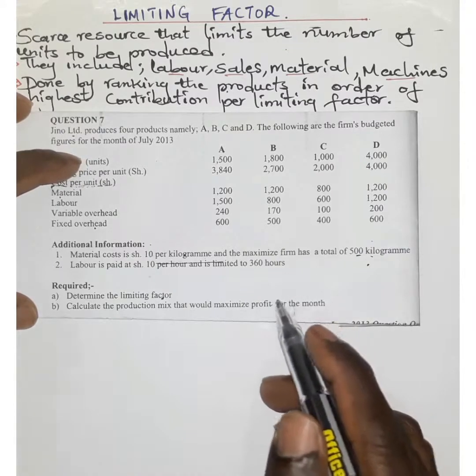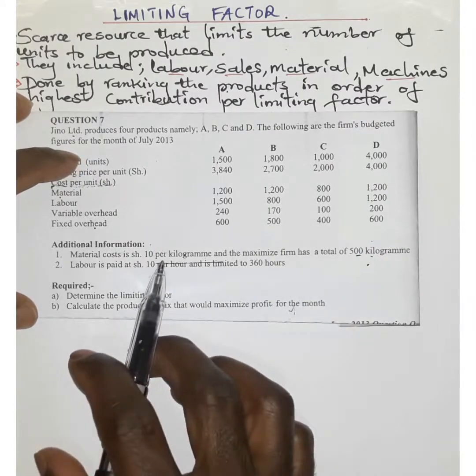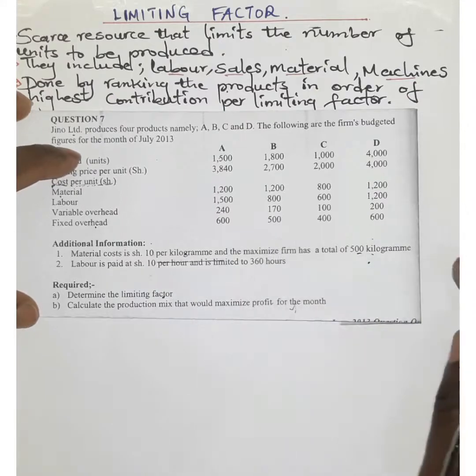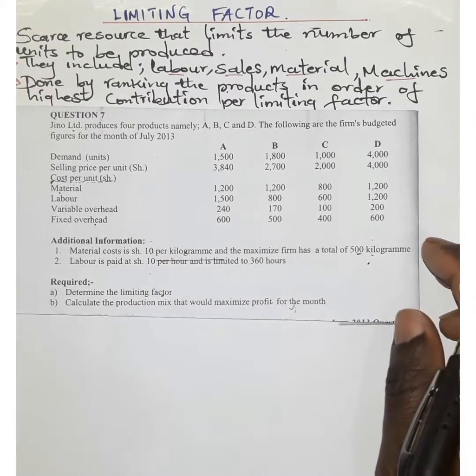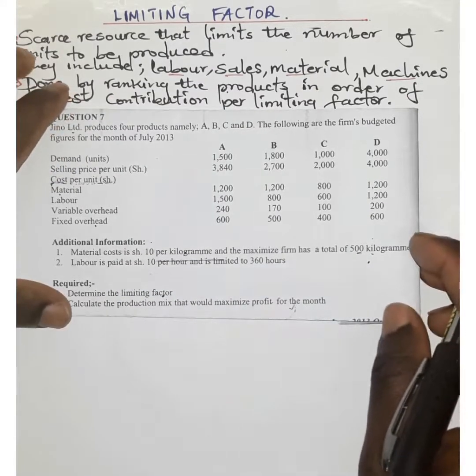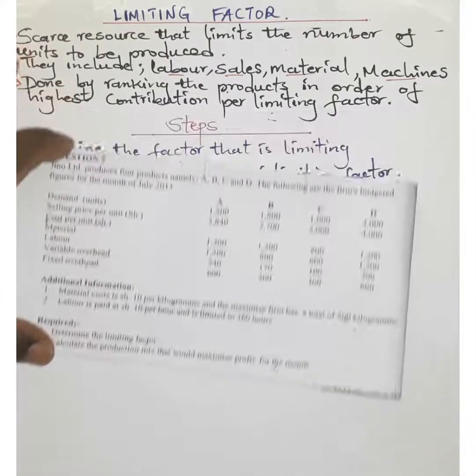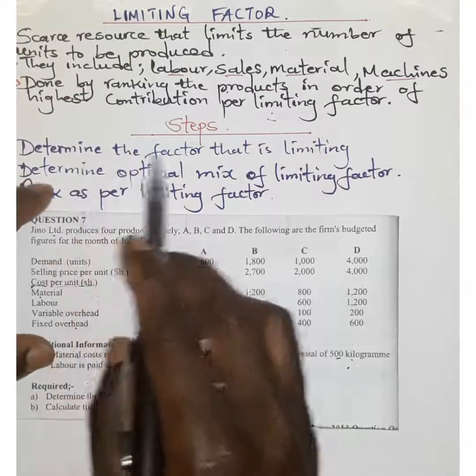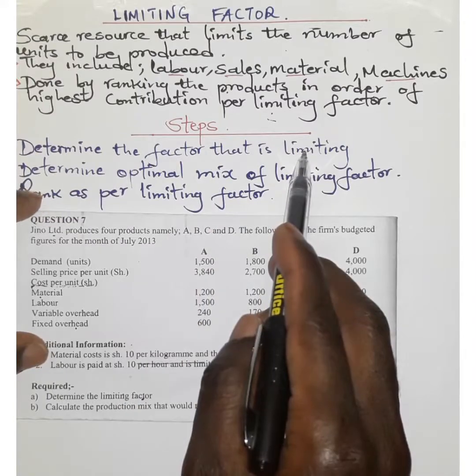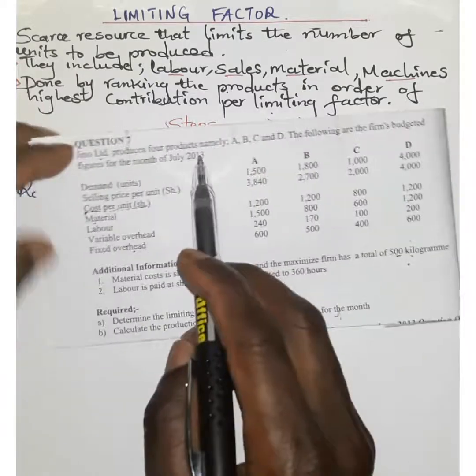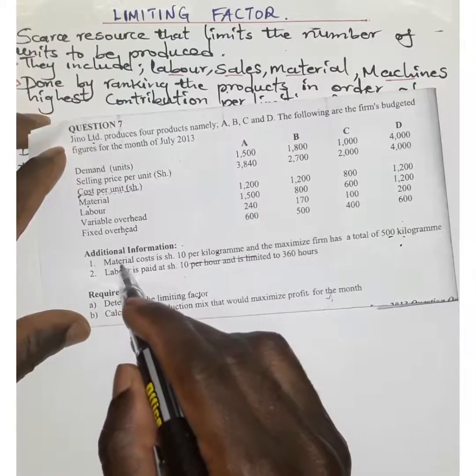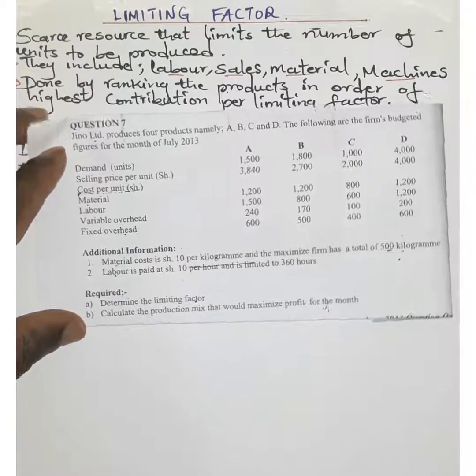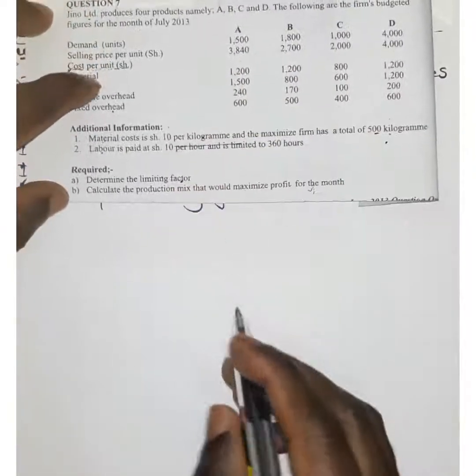Our working is going to encompass two particular steps, and I would like us to begin. Step 1, determine the factor that is limiting. Out of the question, we are using material and labor.